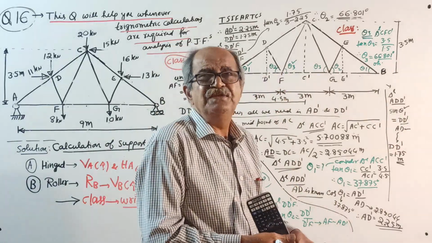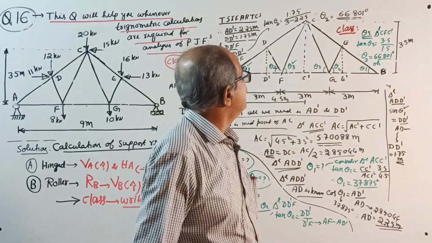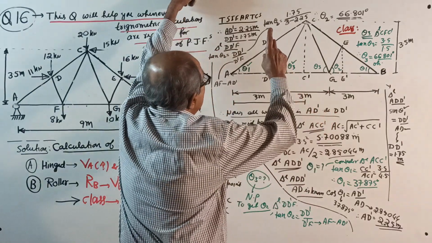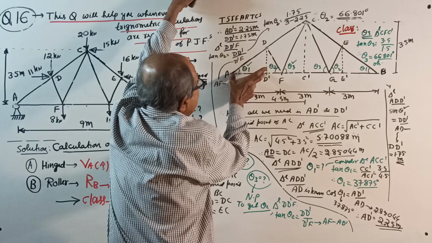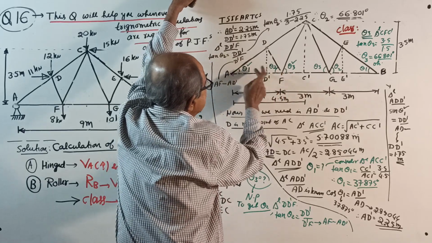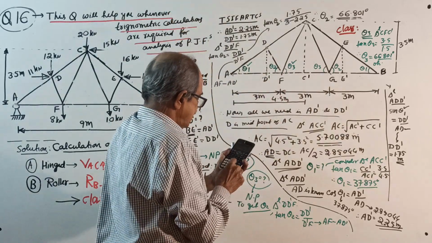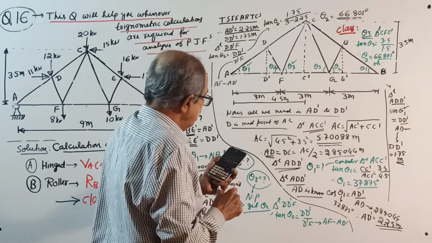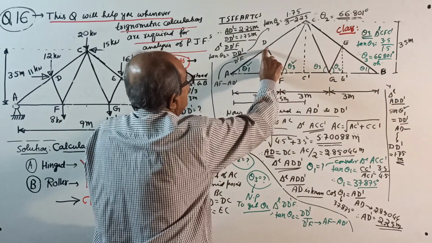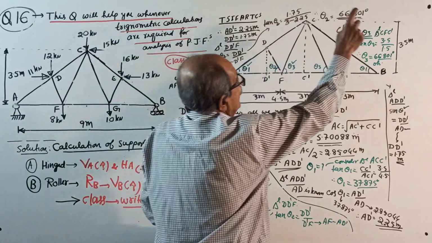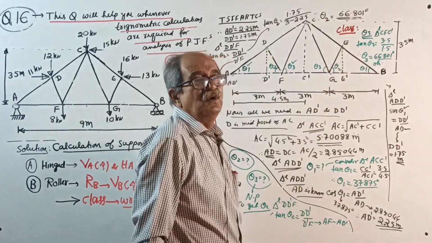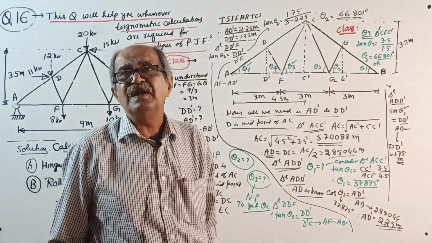There should be some reason for it. And also, this base length came 3/4 of this length. This length is 3 meter; 3 into 0.75 is 2.25. Yes, correct. And this height 1.75 came from 3.5 by 2. For all this, there will be a reason.